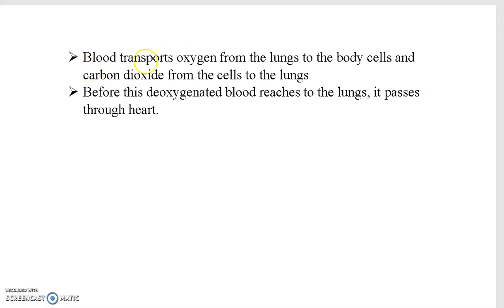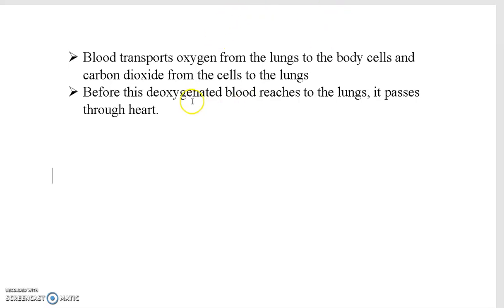So once blood gives oxygen to the body cells, it takes carbon dioxide from these cells, and this deoxygenated blood goes to the lungs.